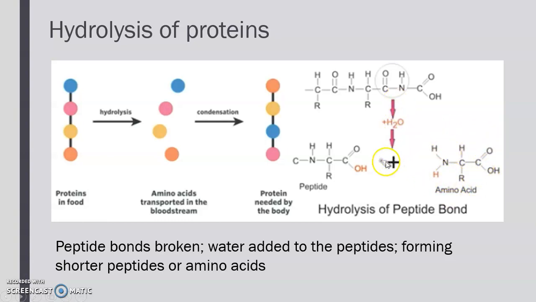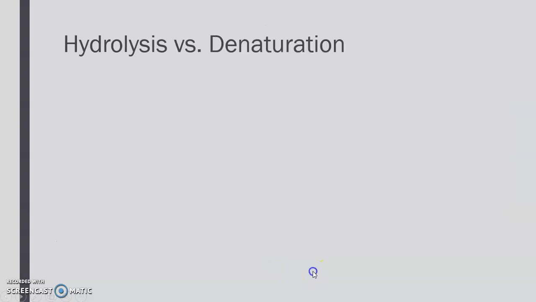Okay, so you're just adding water back on. So peptide bonds are broken in hydrolysis. Water is added to the peptides, and basically this entire process forms shorter and shorter peptide chains until they're all amino acids.